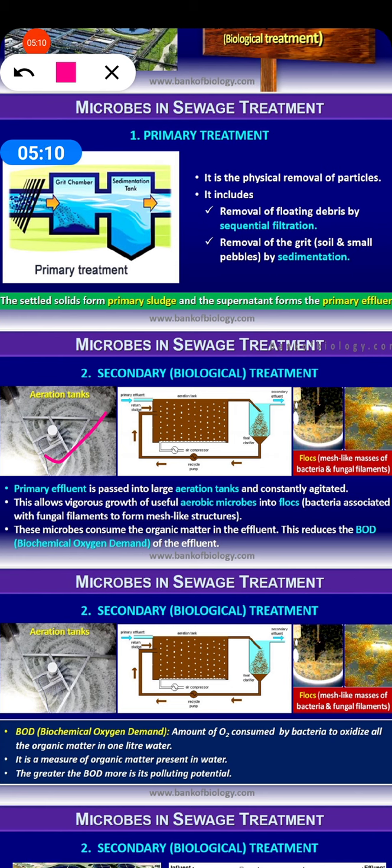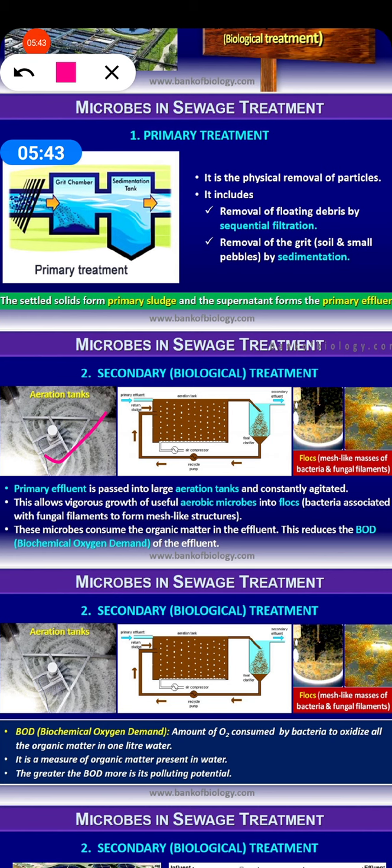Now, secondly, when they are agitated, what happens? What is the need for agitation? This allows vigorous growth of useful aerobic microbes into flocs, bacteria which are associated with fungal filaments to form a mesh-like structure. These microbes consume the organic matter in the effluent, which results in the BOD going down in the effluent. Okay, now let me explain this.